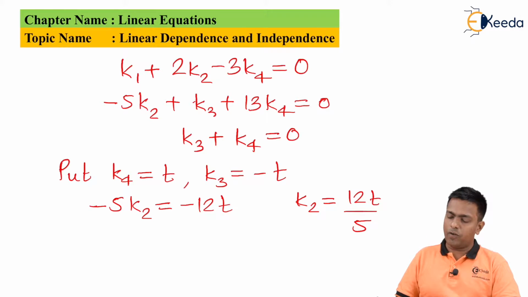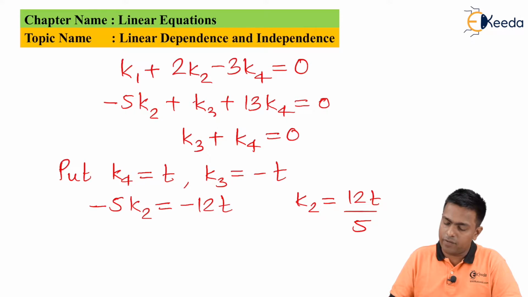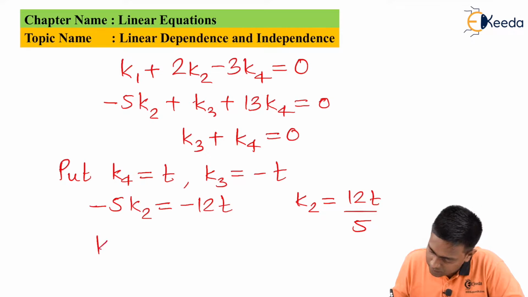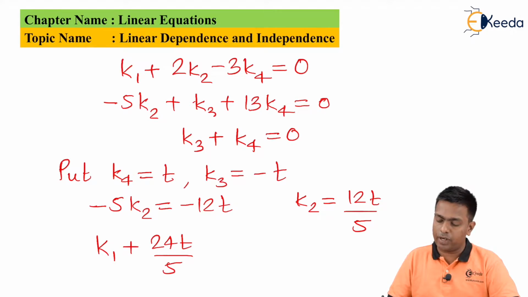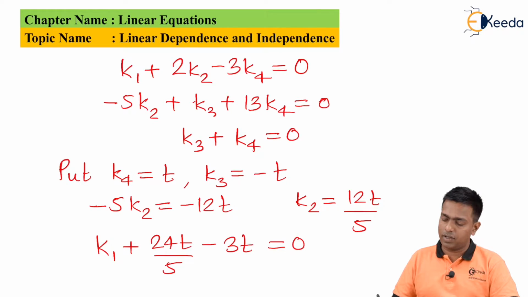Now the values of k2 and k4 we can substitute over here. So k1 plus 2 into 12t by 5, so we'll get k1 plus 24t upon 5. Here k4 is t, so we'll get minus 3t equal to 0. By solving this, here we'll get minus 15t upon 5.